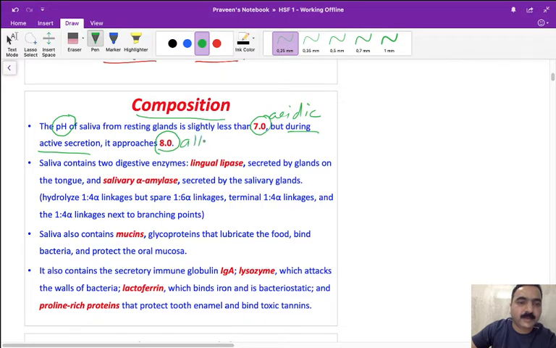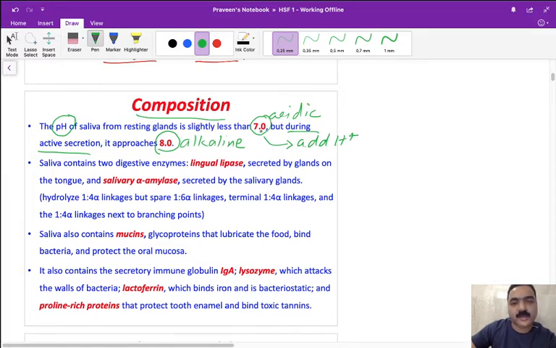It becomes alkaline when it is secreted fast, or when the intercalated duct does not get sufficient time to modify. So what does the intercalated duct do? It adds H plus ions, it adds acid. Because it is adding acid, the saliva becomes slightly acidic.